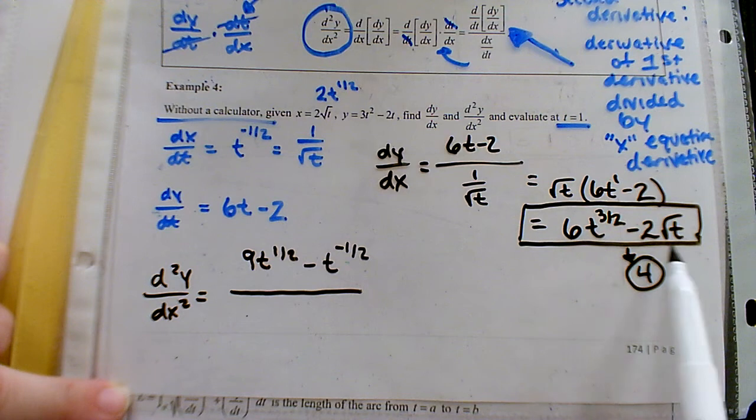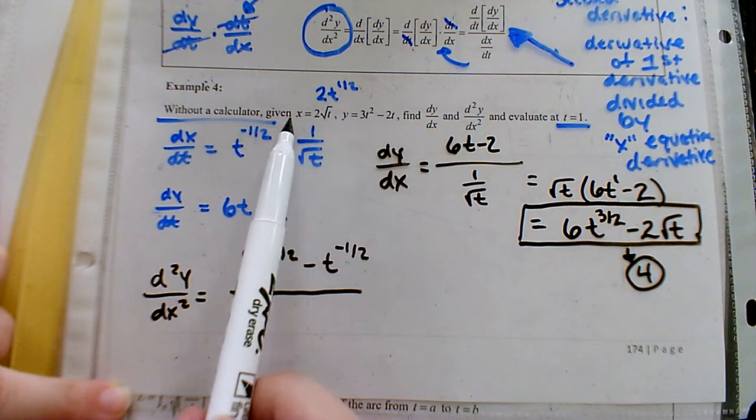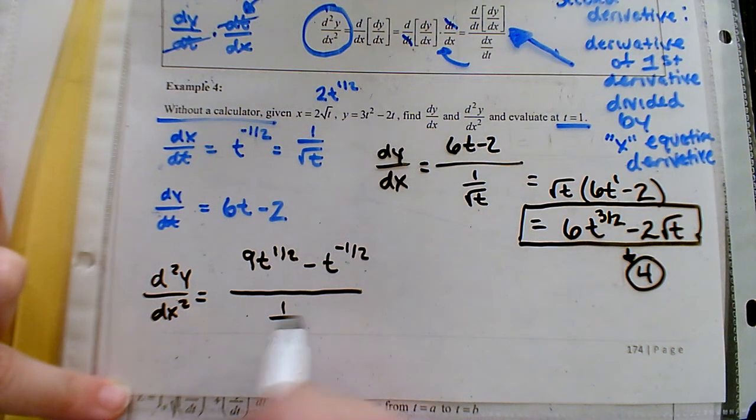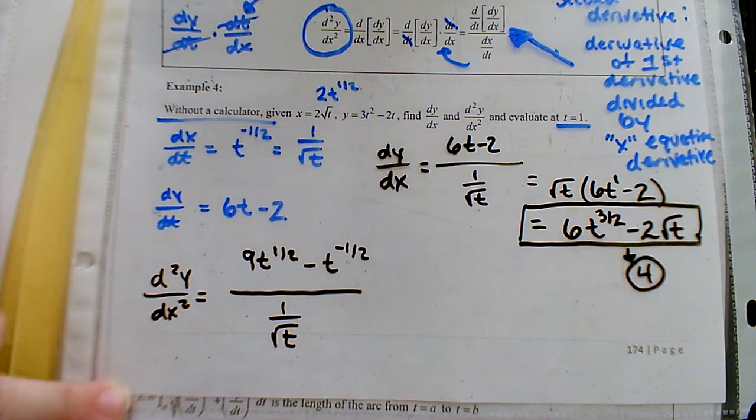Okay, taking the derivative of the first derivative. And then we would divide that by the x derivative equation, which we said was 1 over the square root of t.